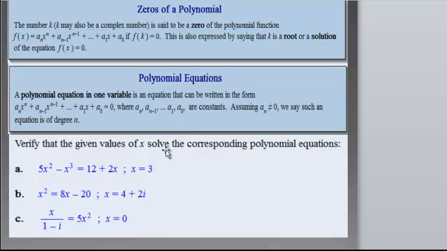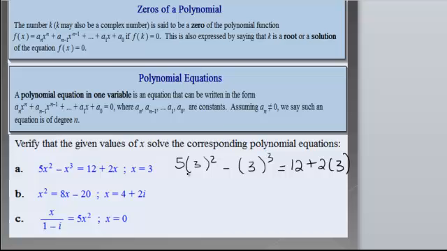Verify that the given values of x solve the corresponding polynomial equations. Well, to do that, all we have to do is plug them in. So for this first one, we'll have 5 times 3 squared minus 3 cubed equals 12 plus 2 times 3.